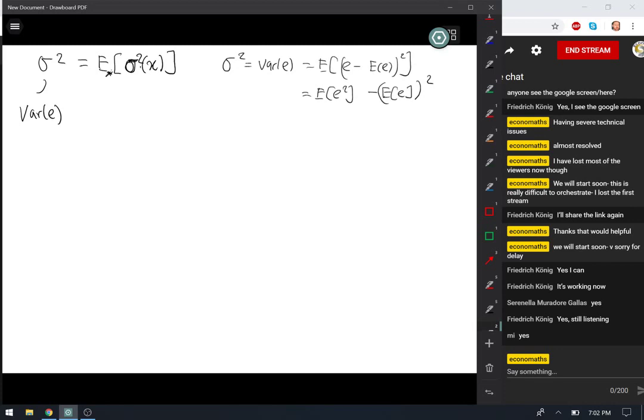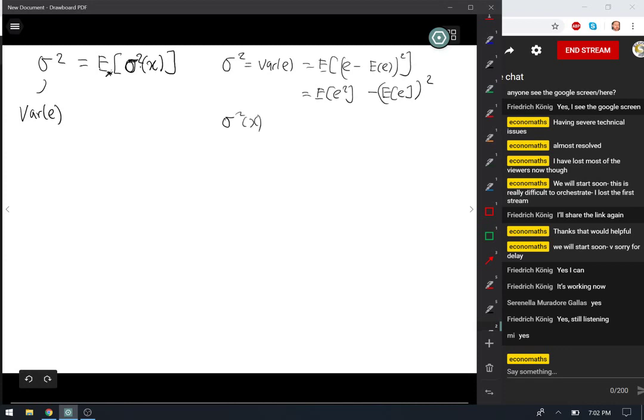Again, we're going to assume that, but the result actually holds in general. This is just a general result. It says that the unconditional variance of any variable is just the average of the conditional variance, and that holds by the law of iterated expectations.